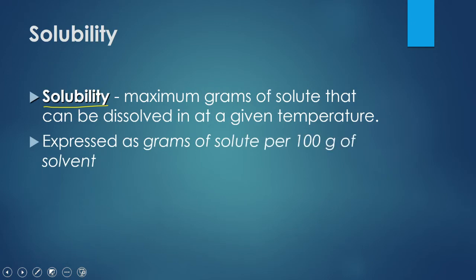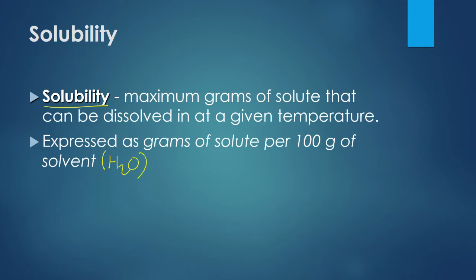We express the solubility in terms of grams of solute per 100 grams of solvent. So you'll always see some number of grams over 100 grams of solvent. Typically that solvent is H2O.